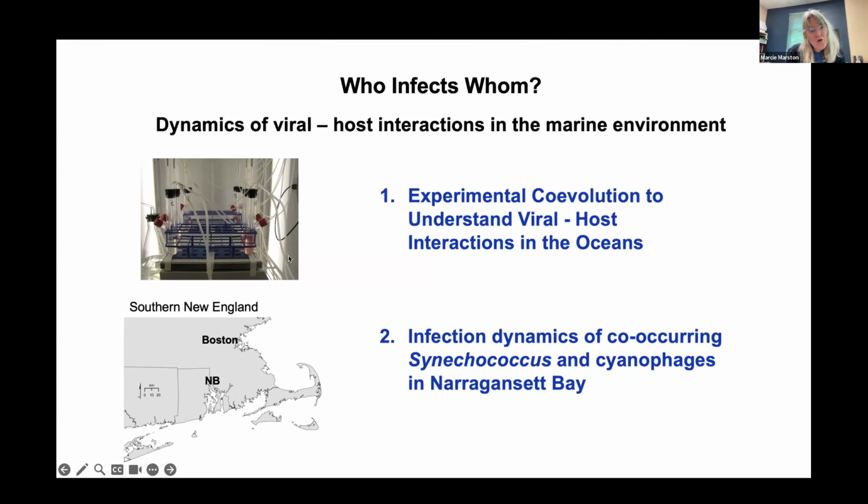And then we're trying to use the information that we gain from these lab experiments to try to understand the dynamics of what is happening out in the ecosystem. And Narragansett Bay is here, and I'll talk about the research that we're doing to look at infection dynamics of co-occurring Synechococcus and cyanophage in Narragansett Bay.